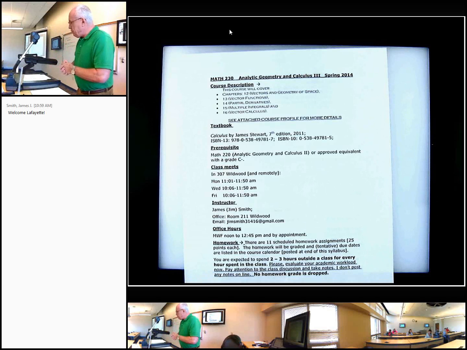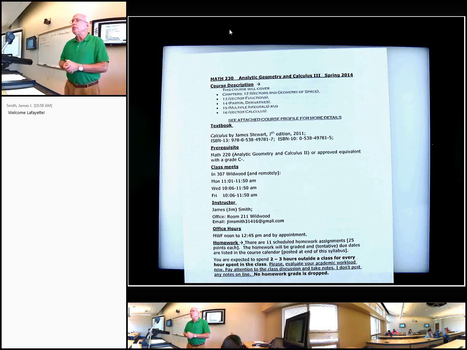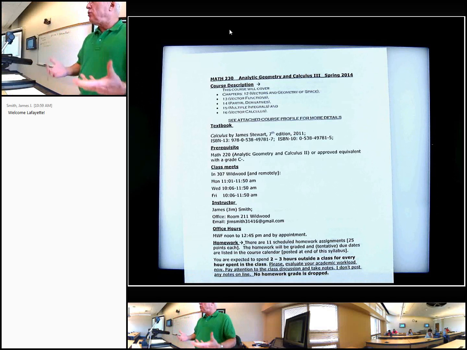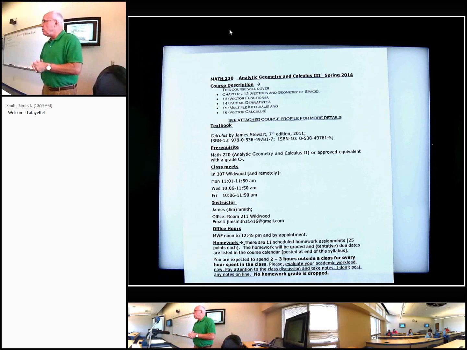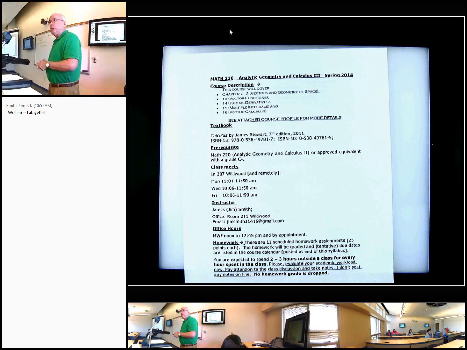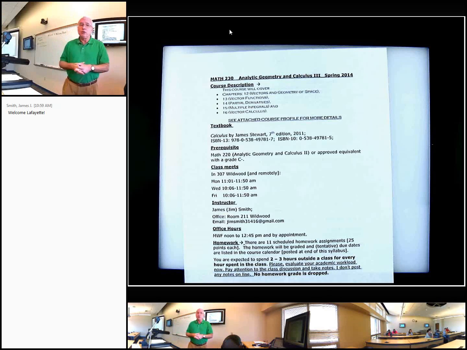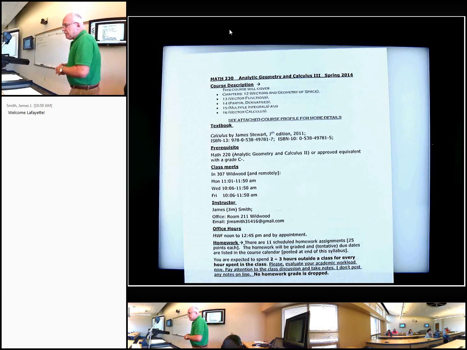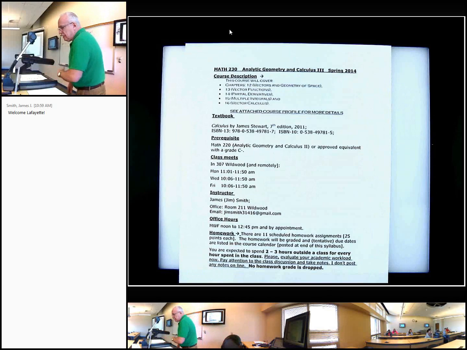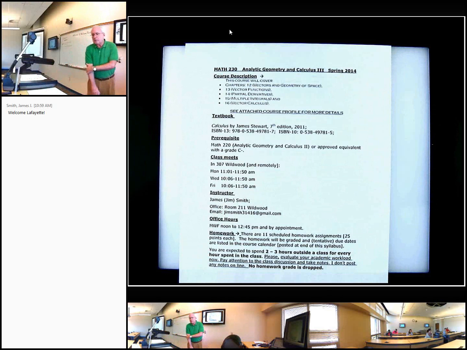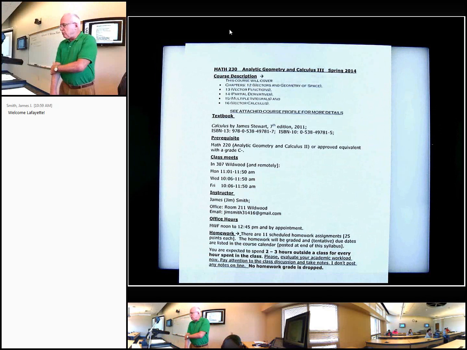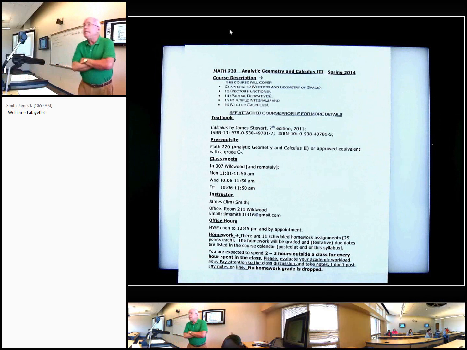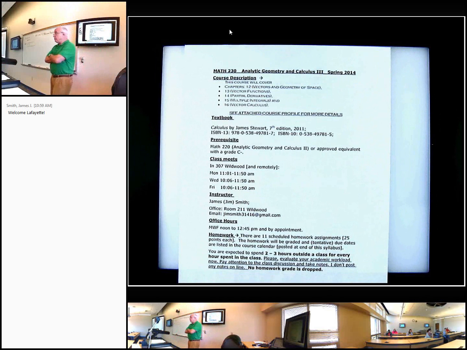In chapter 15, we're going to be looking at integration, integrating over a surface or an area. Those are double integrals. And then we'll also be looking at what are called triple integrals in that section. And then finally in 16, vector calculus, we'll be looking at Green's theorem and divergence. We'll see how far we get in chapter 16.